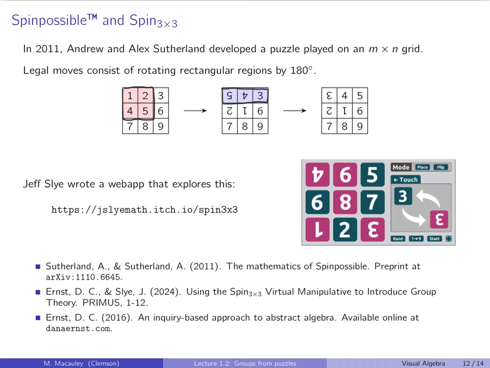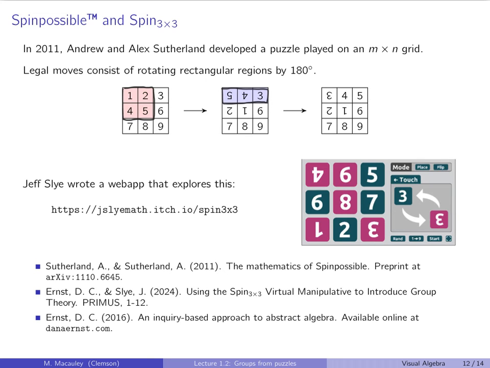So just be mindful of that if you are looking at the Cayley graphs. But he started out this textbook with this game, Spinpossible, as an example of groups, like how Nathan Carter in his book began with the Rubik's Cube, and how I started with the symmetries of the rectangle and the triangle.